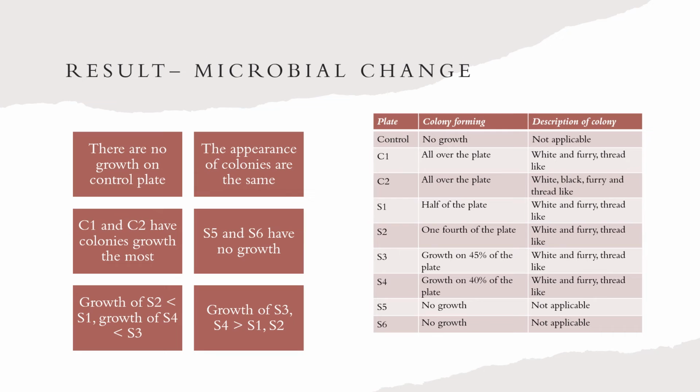However, the growth of sample S2 is less than sample S1, and sample S4 is less than sample S3. So it means that pH also contributes to preventing microbial growth. However, there is one variation in this experiment: the growth of samples S3 and S4 is more than samples S1 and S2, which is unexpected.